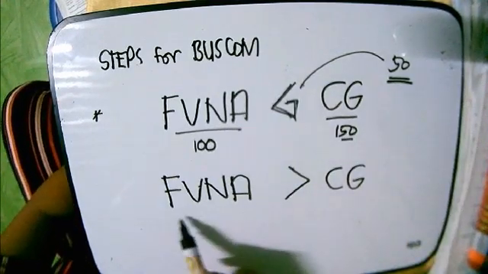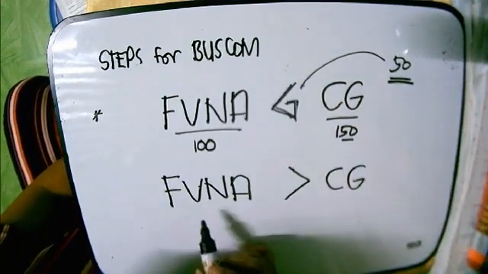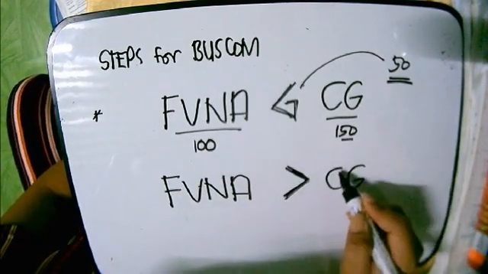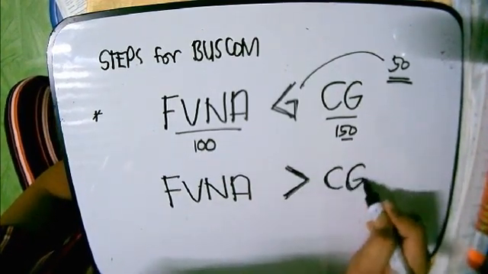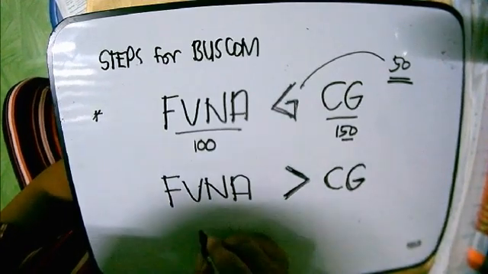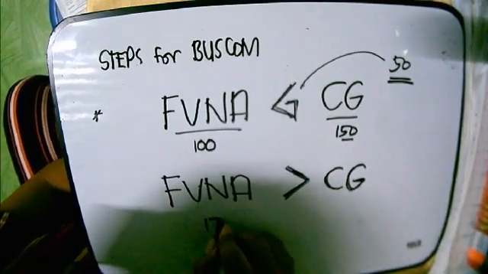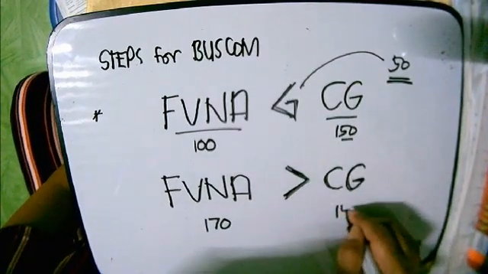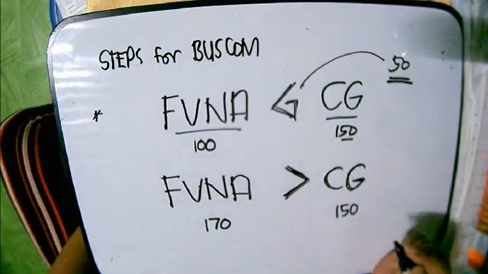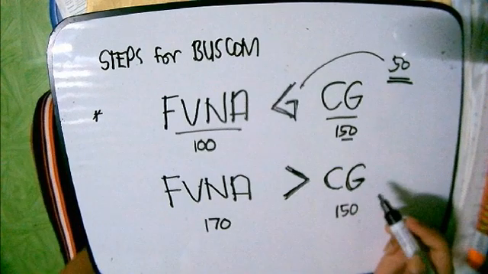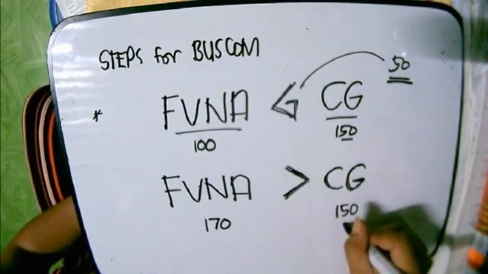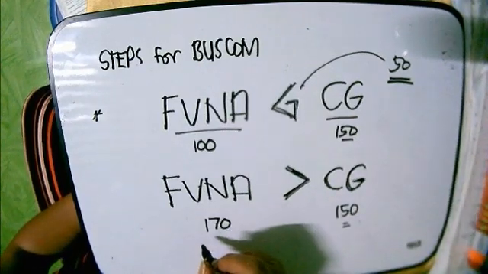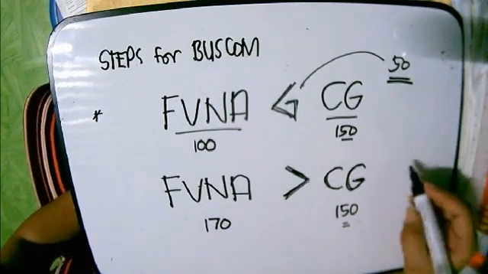Next, kapag si fair value naman of net assets is greater than, mas malaki, kesa sa ibinayad ni acquirer. For example, dito 170. Tapos, yung ibinayad ni acquirer is 150. So, kapag ganun, mas konti yung ibinayad kesa sa amount ng binili, gain yun.